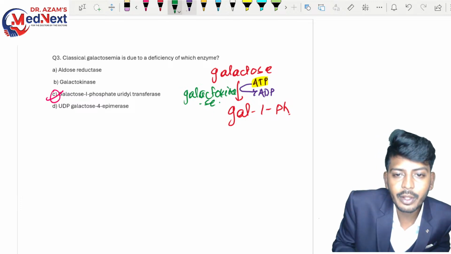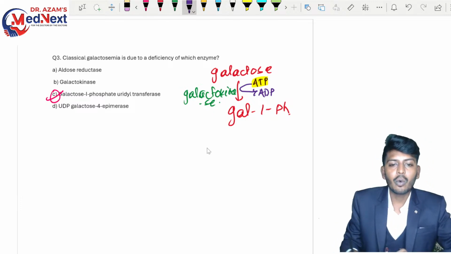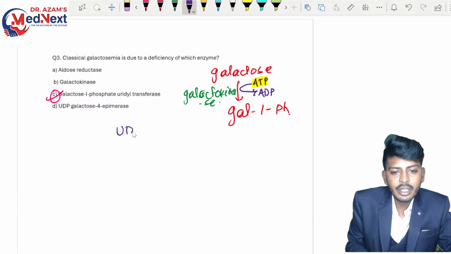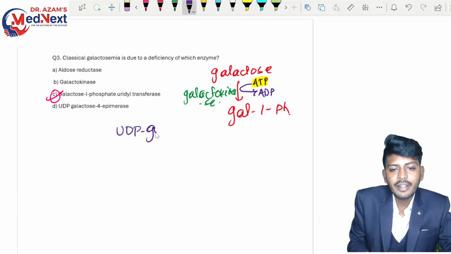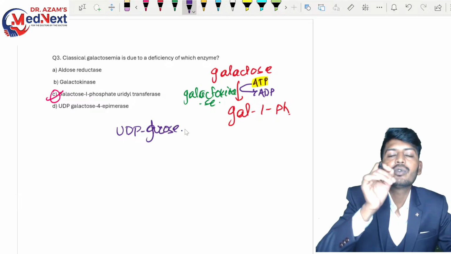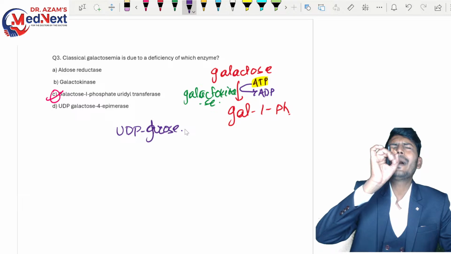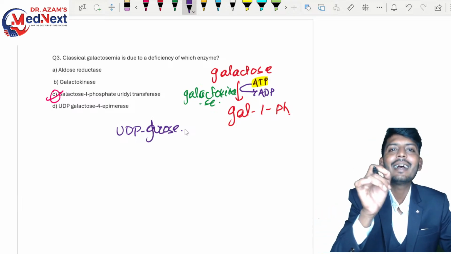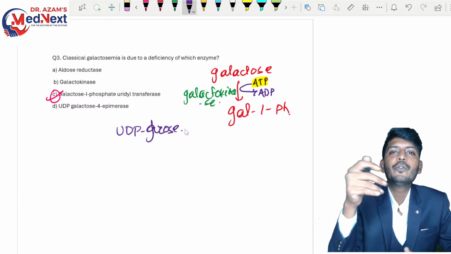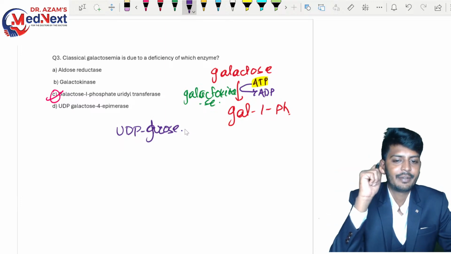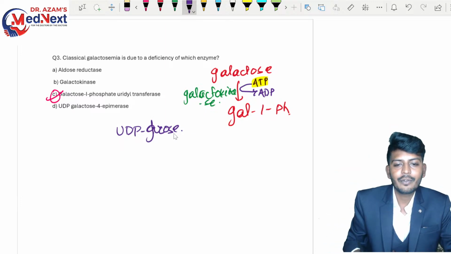So galactose 1 phosphate, my dear students. Now here we will have something called UDP glucose. UDP glucose is the glucose that is active for converting into any other form.